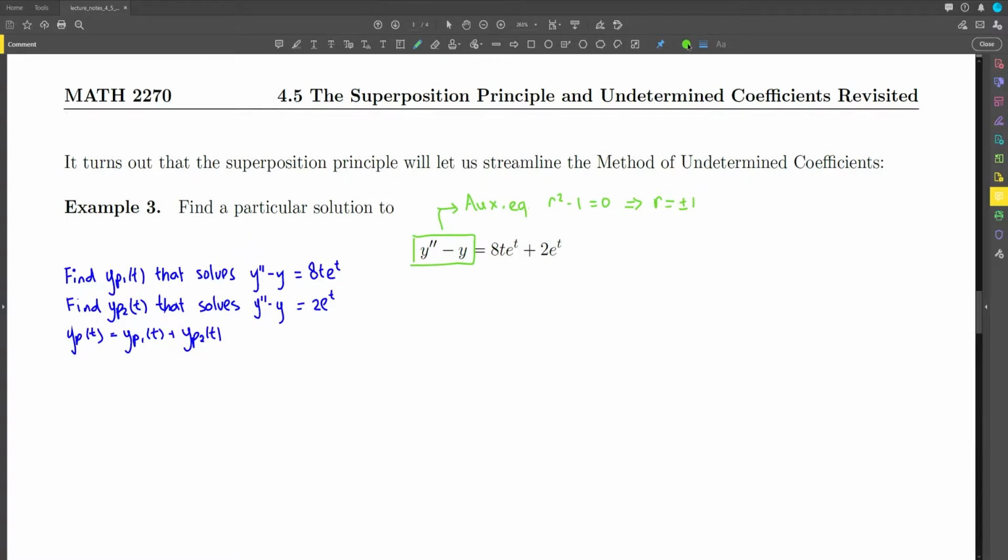And so we know that the general solution will look something like y of t. So we can actually look at the homogeneous solution. Let's erase this. So yh of t is then c1 e to the power t plus c2 e to the power negative t.